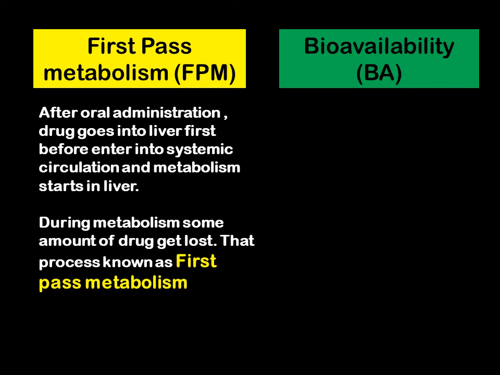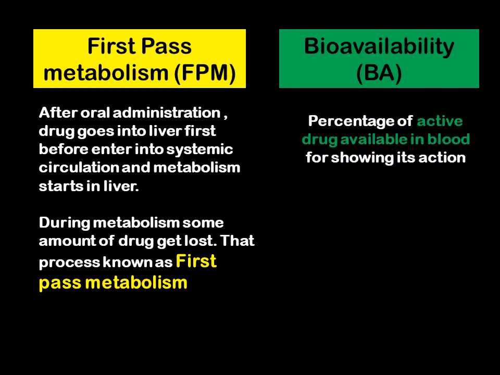That process is known as first pass metabolism, and it is related to bioavailability, which means the percentage of active drug available in the blood for showing its action. Both are inversely proportional. The higher the first pass metabolism, the lower the bioavailability. And last thing, the IV route has 100% bioavailability.